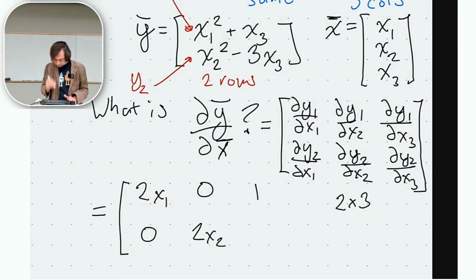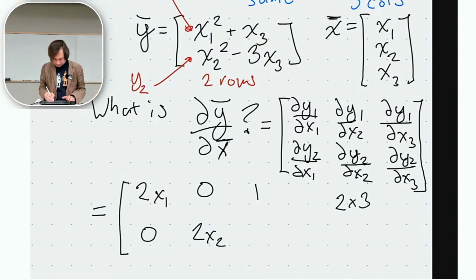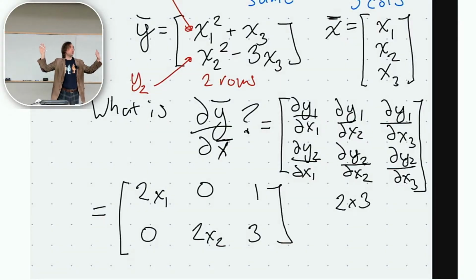And finally, partial y2, partial x3. Oh, there's an x3 with a coefficient of 3. That's the Jacobian, right? Nobody exploded.